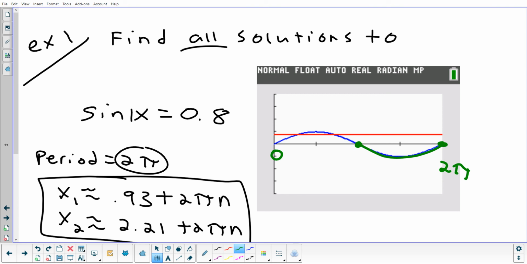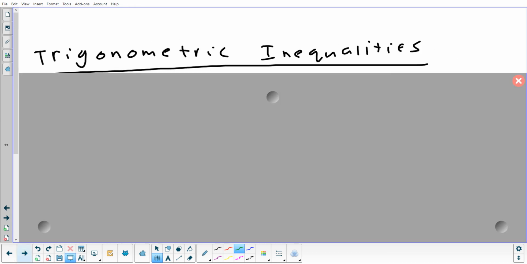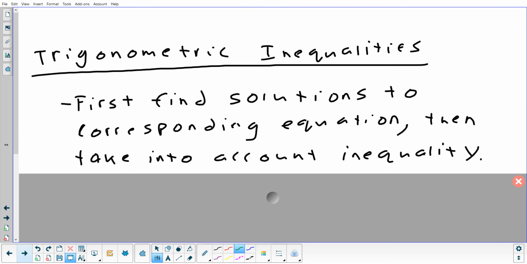You have to still find these 2 points. But then instead of writing equals, you build an interval from it. And it's usually where you're either below 0 or above 0 or above or below something. Okay? That's what you have to look for. Right, so the first thing you do is you treat it just like it was an equation.